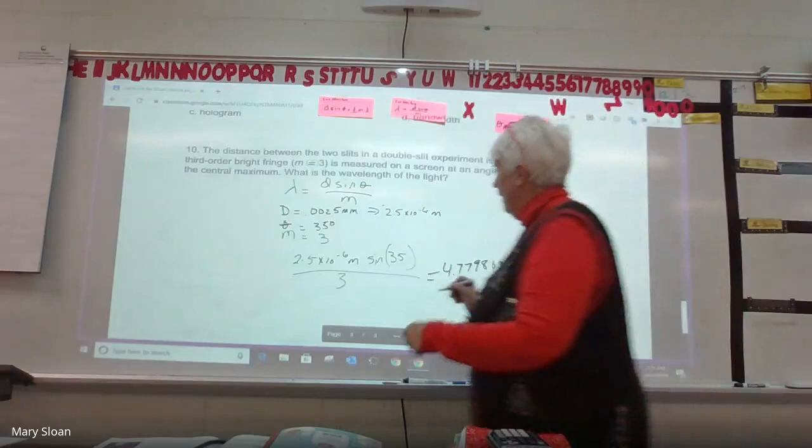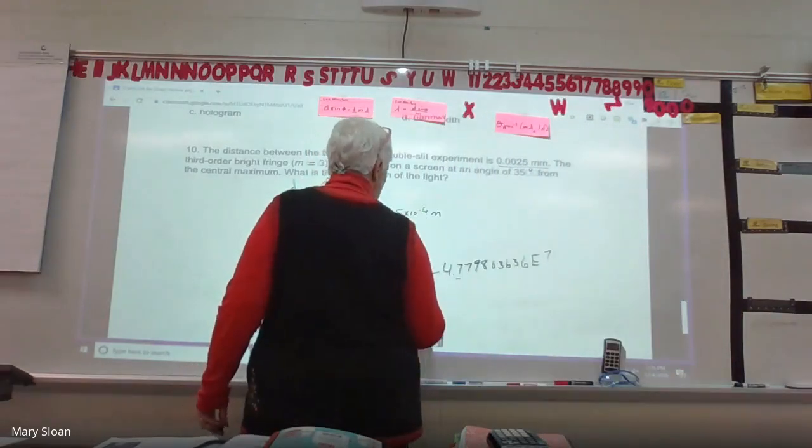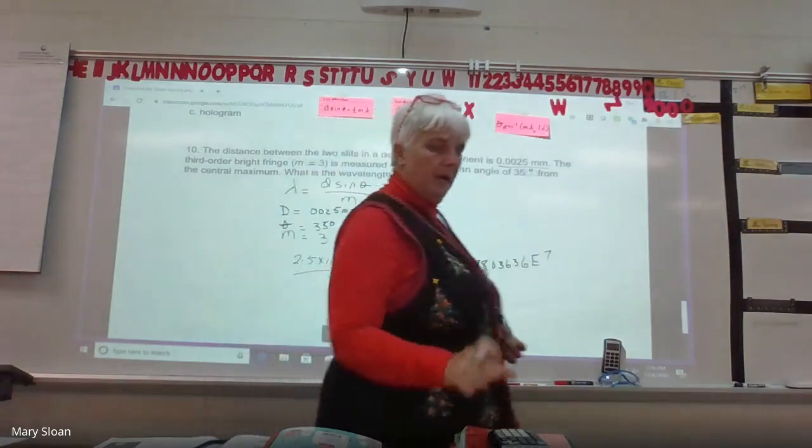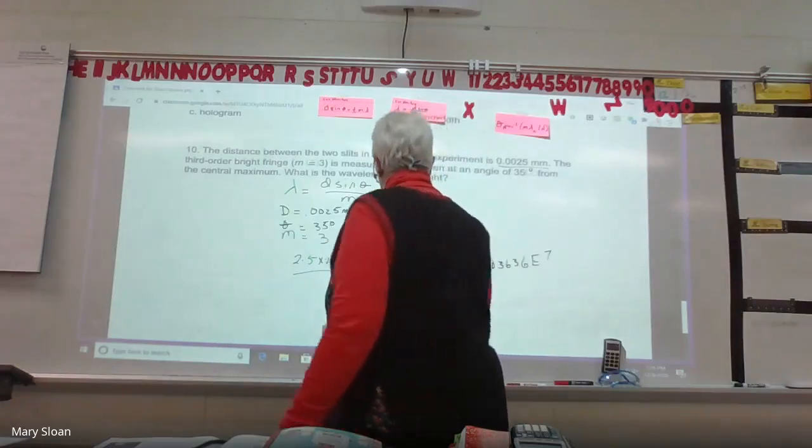Oh, I rounded mine to 4.8. Oh, okay. I'm sorry. 4.8 times 10 to the 7th power. Was it a positive or a negative? It was a negative 7. Perfect. It was a negative.